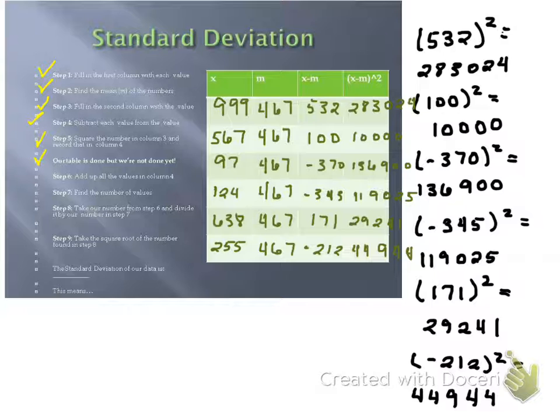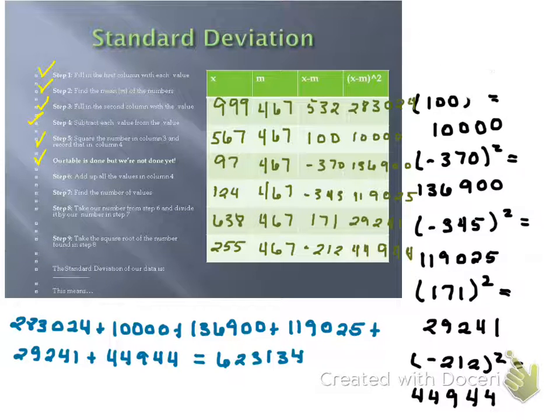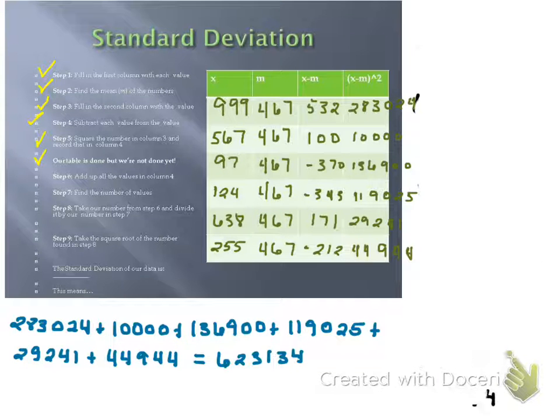Okay, so now we have our box complete, but we're not done. Halfway done until we get the standard deviation. Next, we have to add up all the numbers, and we get 623,134. The next step is to find the amount of values we have, and if you see, we numbered them on the side, so we have 6, so n equals 6.